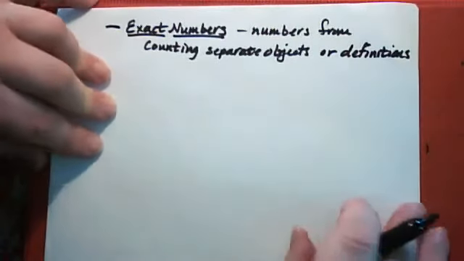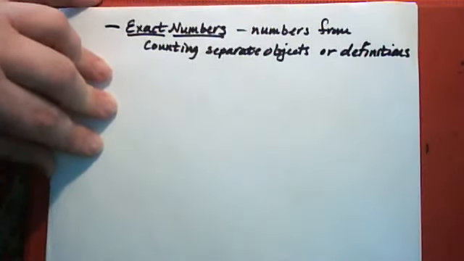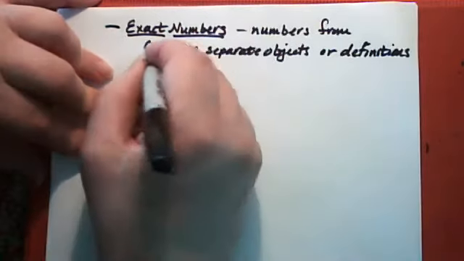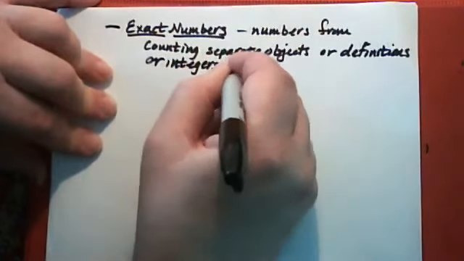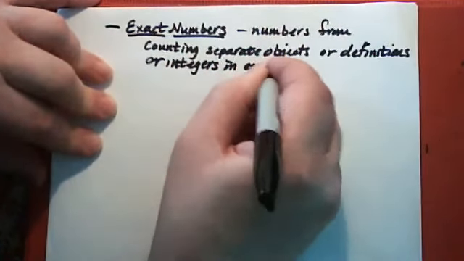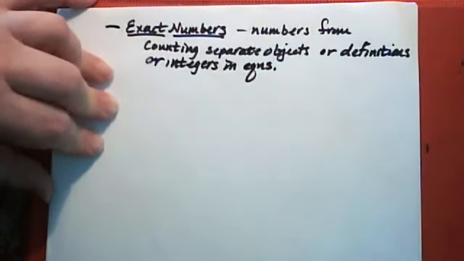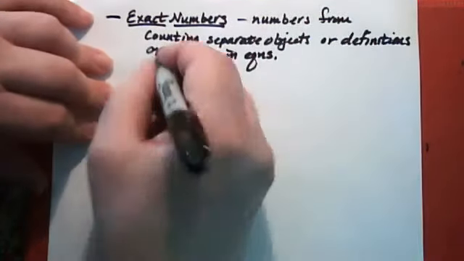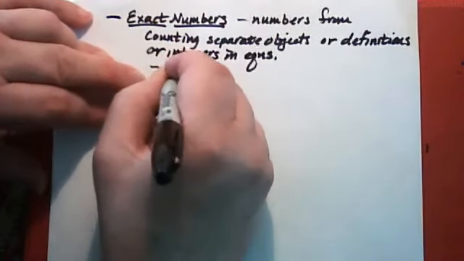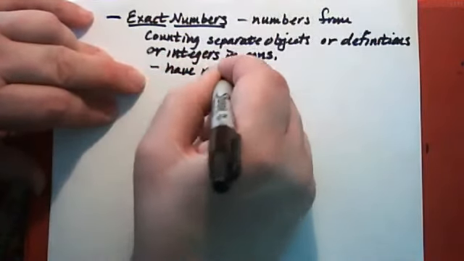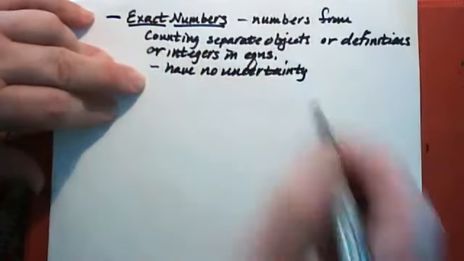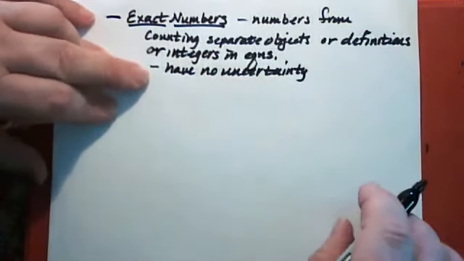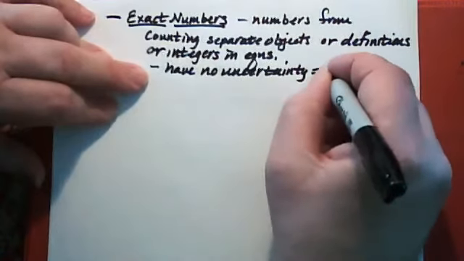Or these numbers can come from definitions or exact relationships. Or they can be from integers in equations. Because these numbers are known exactly, there's no uncertainty associated with them.